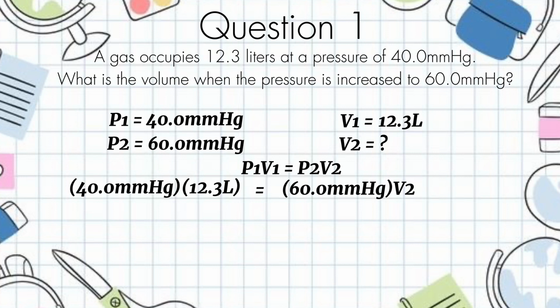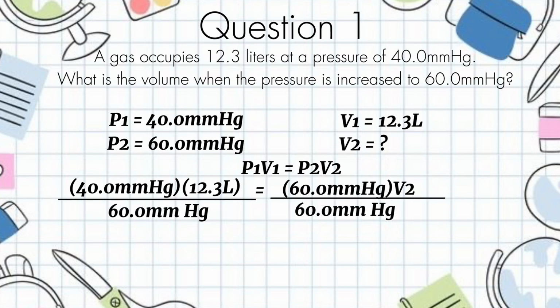And since we look for V2, we need to remove the 60.0 in the equation by dividing it to both sides. 40.0 millimeters of mercury, 12.3 liters equals 60.0 millimeters of mercury V2 over 60.0 millimeters of mercury, 60.0 millimeters of mercury.